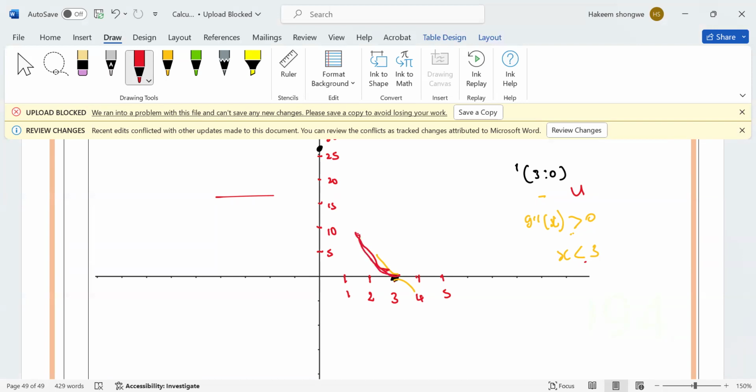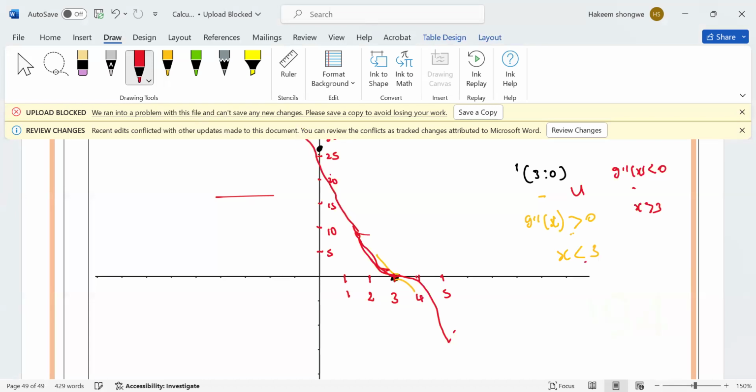And then g prime prime of x is less than 0, concave down when x is greater than 3. The values are greater than 3. This thing is looking downwards like this. So it's looking upwards, and then it's also going to be looking downwards. And then it's going to pass through at 27. Here it is.